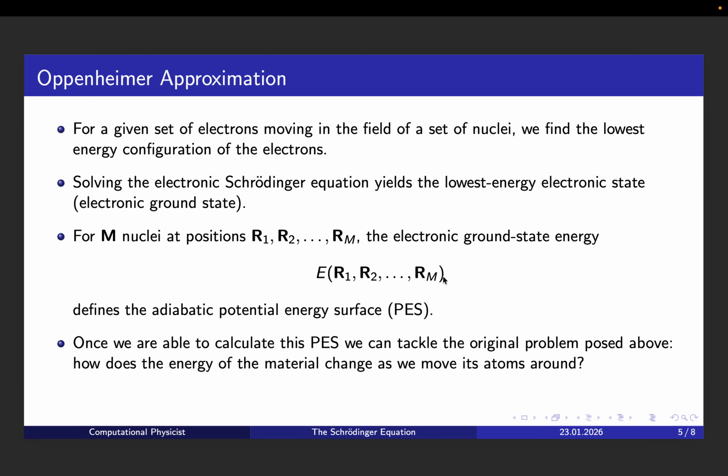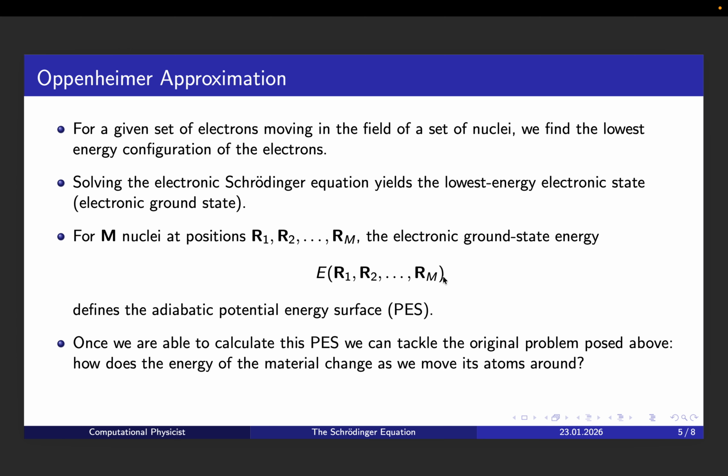This function is also known as the adiabatic potential energy surface of the atoms. Once we are able to calculate this potential energy surface, we can tackle the original problem that we have posed above: how does the energy of the material change as we move its atoms around?